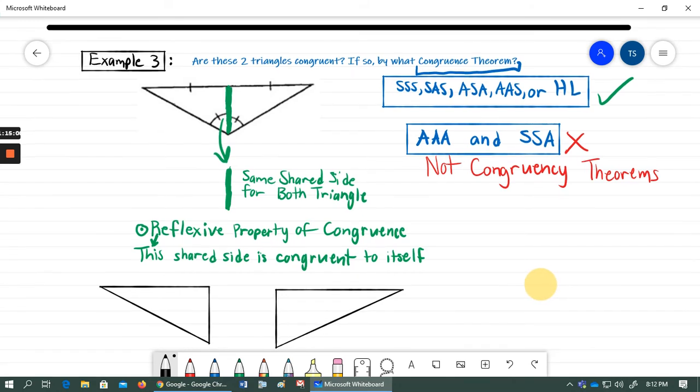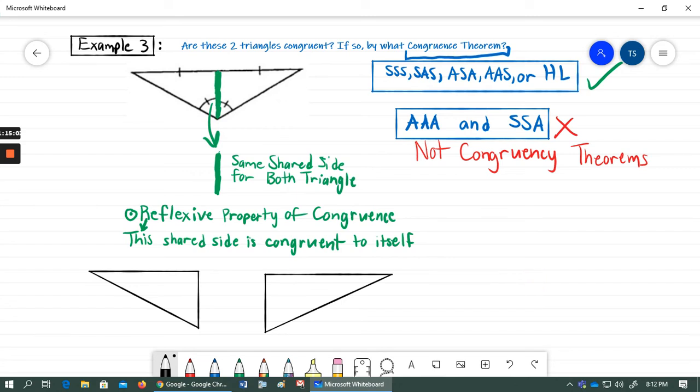You see it. And that side that they both shared, I split it up so you can see the two triangles separated.